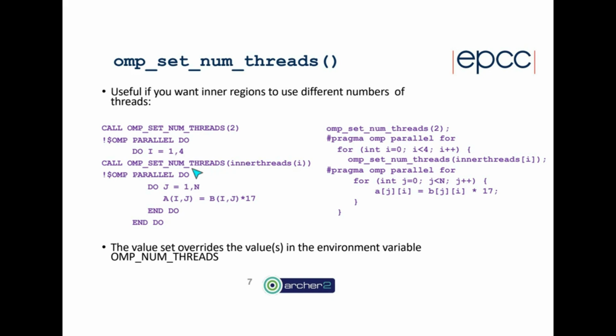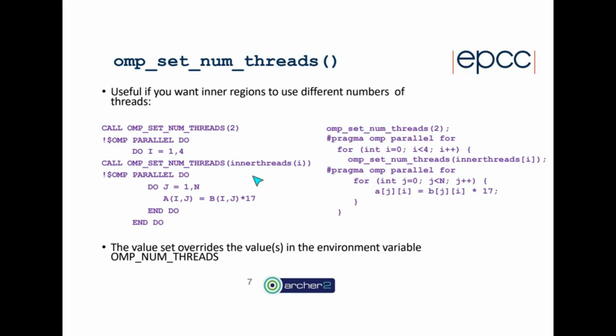So if I have 2 threads at the outer level here, then each of those threads is going to execute 2 values of I. Thread 0 at the outer level will execute I equals 1 and I equals 2, and thread 1 at the outer level will execute I equals 3 and I equals 4. Subtract 1 if you're a C programmer.